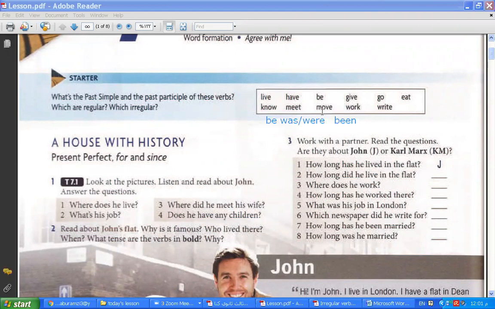Yes, teacher. Moved. Yeah, ed. But we pronounce it like moved. Thanks. Thank you. Rawan al-Shahabi. Worked. Yeah, worked. Like this.